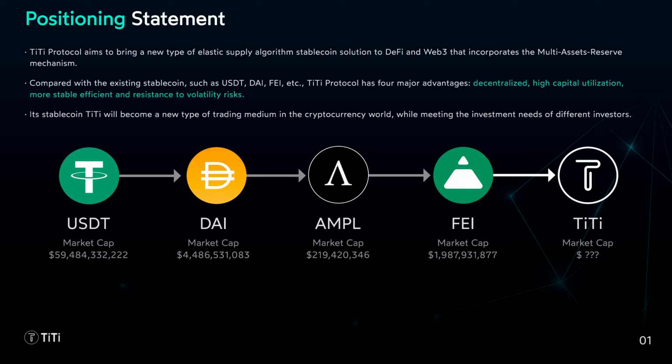Our team is deeply involved in the stablecoin track, and they believe that the stablecoin track has great potential. And according to our forecast, the market cap will potentially grow in the next 3 years to about 200 billion, and hence there will be room for almost 100 billion. As a new native algorithm stablecoin, TiTi will fill the gap.